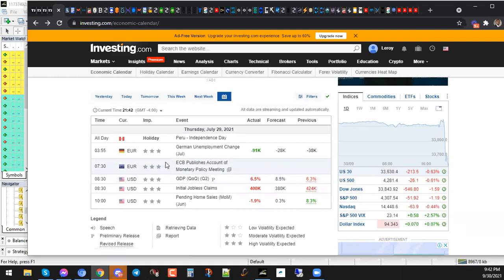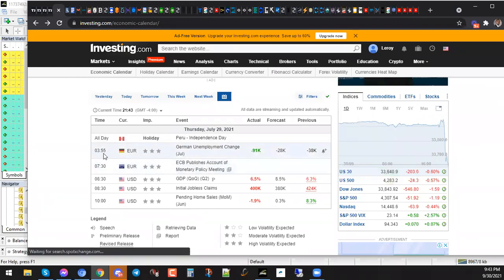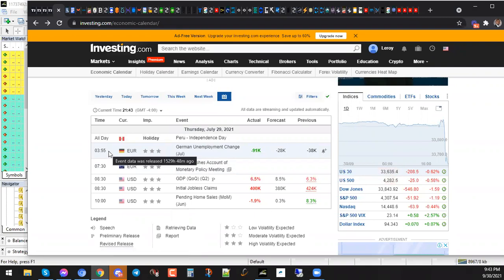Good. So my economic calendar is telling me on July 29 for Euro USD, we're going to have some high impact news events coming in, basically around the open of the European session. So this is 3:55. We have another one at 7:30.